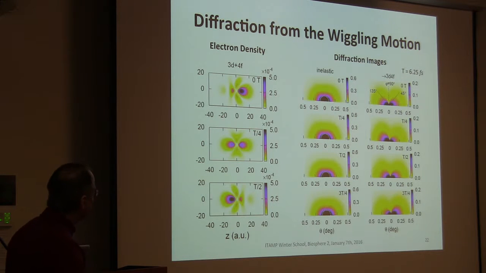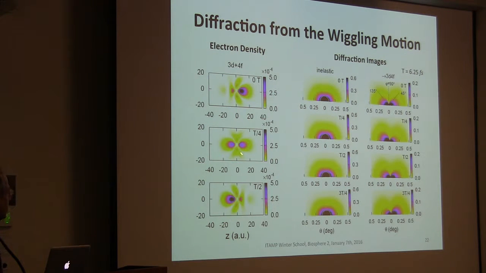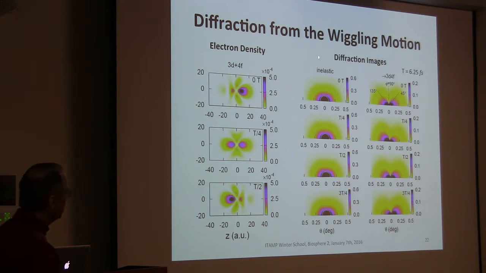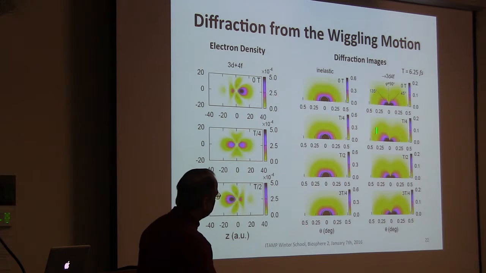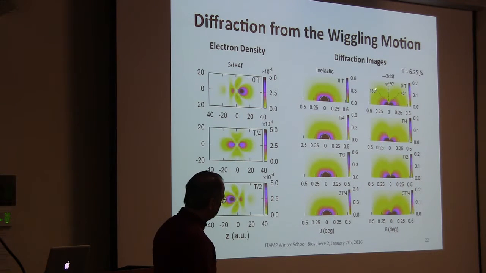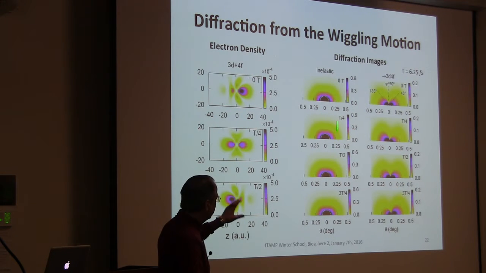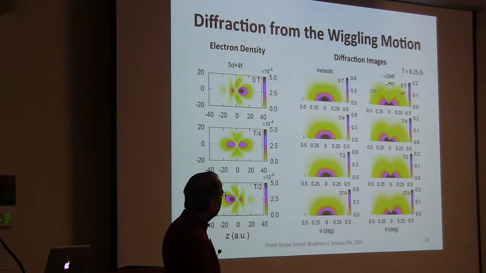Well, here is the electron density. It shows this asymmetry for different time delays here. These are the diffraction images. Here's our quasi-elastic results, which show you more clearly what's embedded here amongst all the inelastic processes. But you can see here, the diffraction pattern at 0 time delay is symmetric.